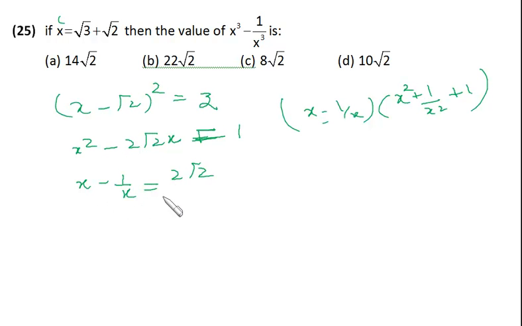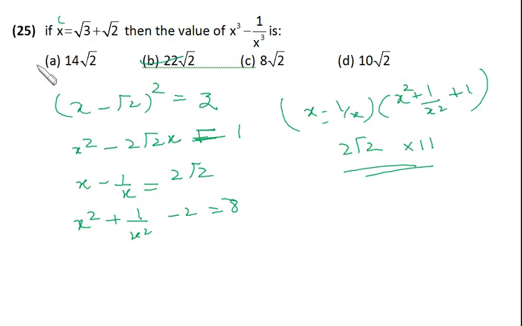So I got x minus 1 upon x. I want x square plus 1 upon x square, so just square it. x square plus 1 upon x square minus 2 is equal to 8, so x square plus 1 upon x square will be 10. So this is 10 plus 1, 11, into x minus 2 root 2. So it is 22 root 2. Pretty simple.